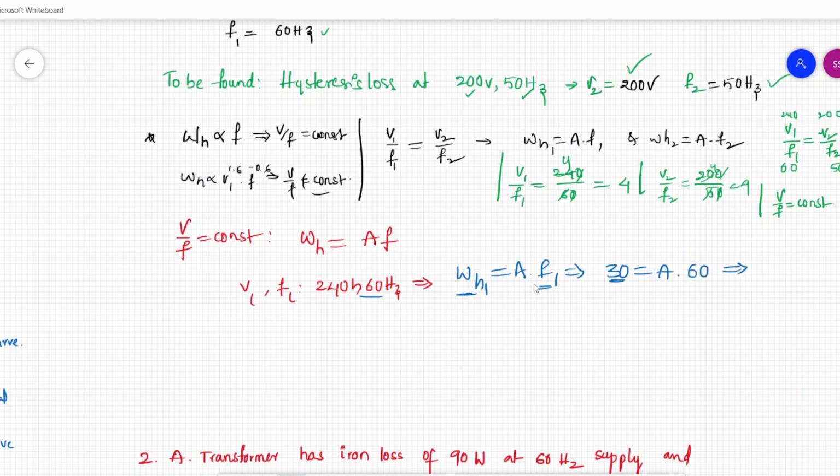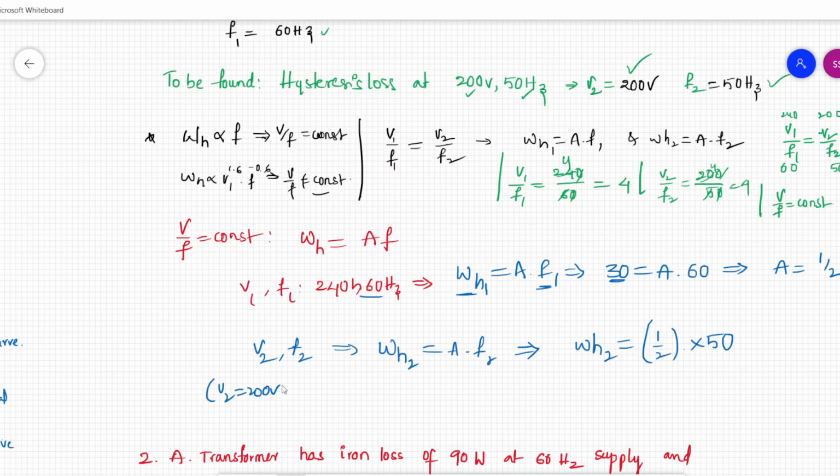Here WH is the given data, 30 watts, and F1 is 60 Hz. So A is 1 by 2. Let us find the same for V2 and F2, that is WH2 equals A into F2. WH2 is equal to A, which is 1 by 2 found in the first expression, into frequency, now 50 Hz, because V2 is 200 volts and F2 is 50 Hz.